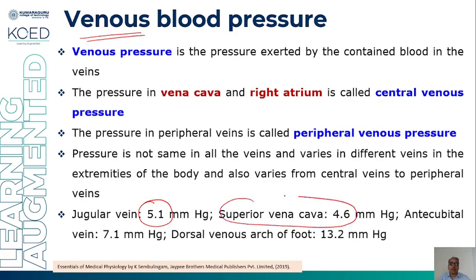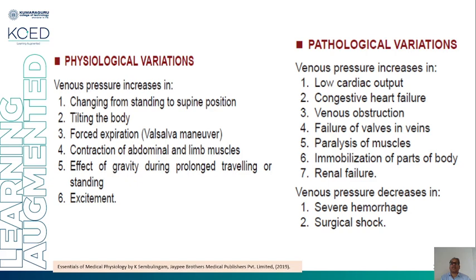Superior vena cava has recorded only 5 mmHg. Even inferior vena cava is some 5 mmHg. Even small venules may record a blood pressure of just 1 mmHg. Sometimes it is 0. So the influence of blood pressure, exclusively venous blood pressure, and its negative consequences is very less than that of arterial blood pressure. So we are not giving that much importance to venous blood pressure.